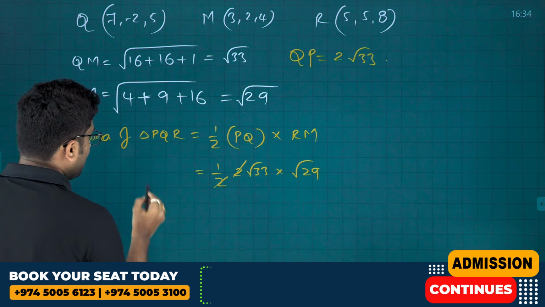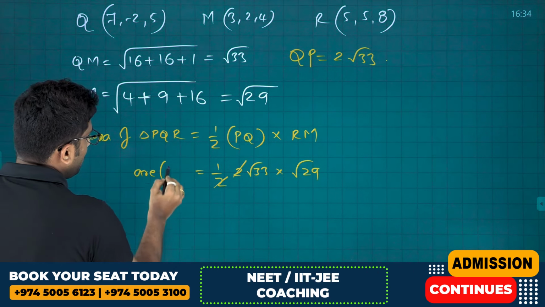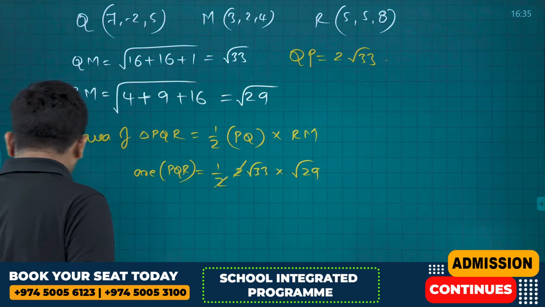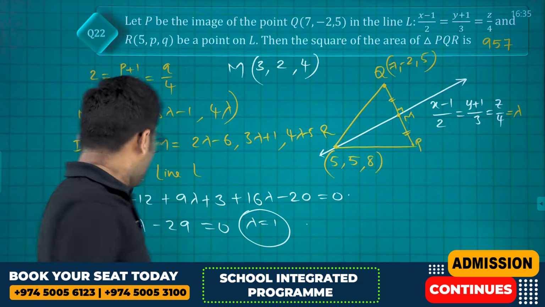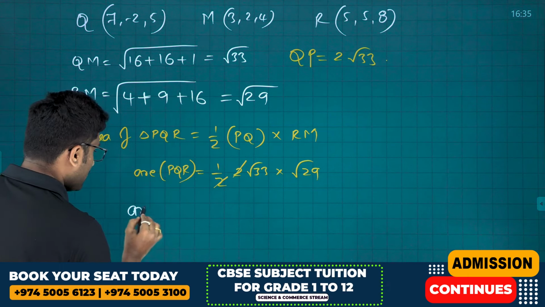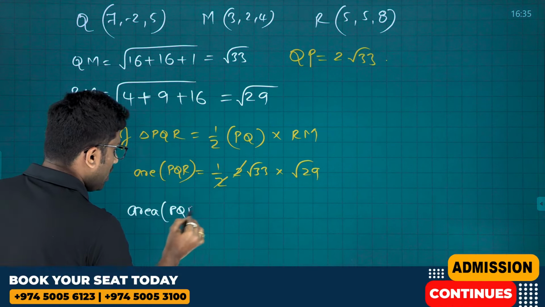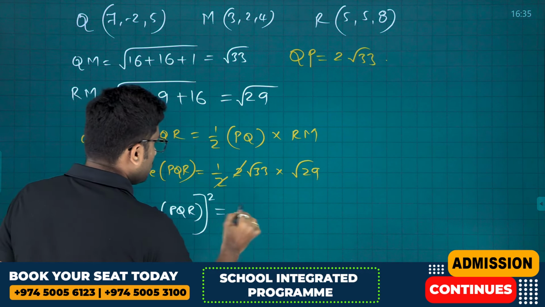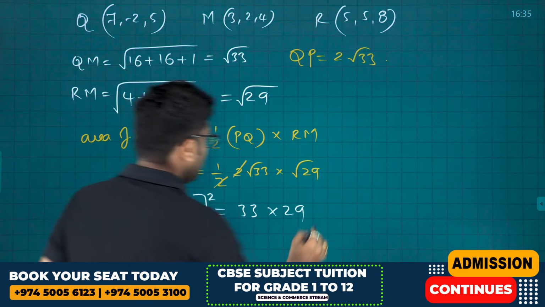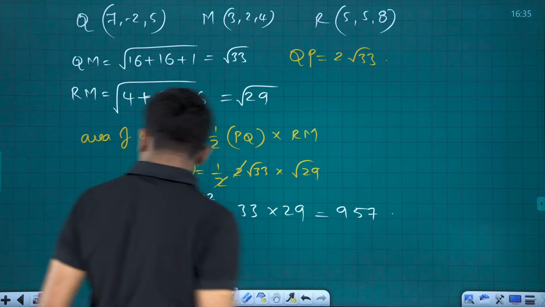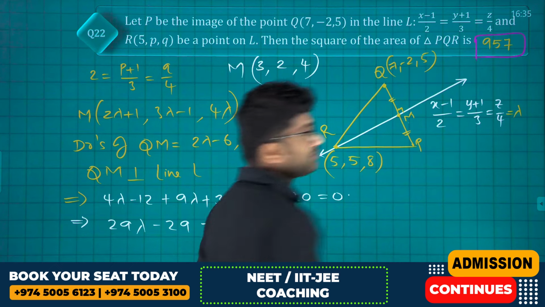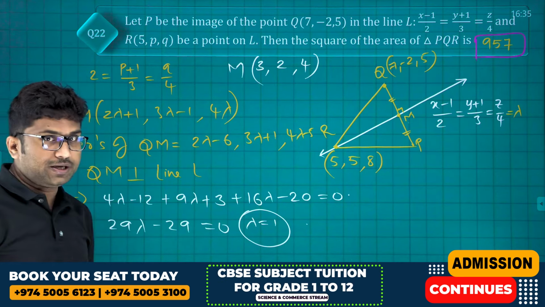Therefore the area of triangle PQR is equal to root over 33 into 29. Now what are they asking us to find? The square of the area. That means the area of triangle PQR whole squared is equal to 33 into 29, and this equals 957, friends. The answer is 957. Clear? A simple question from 3D.